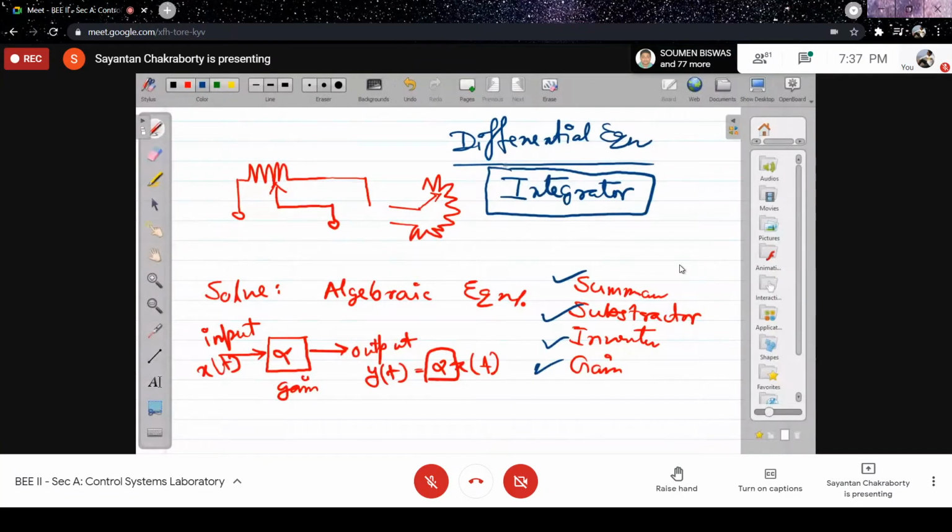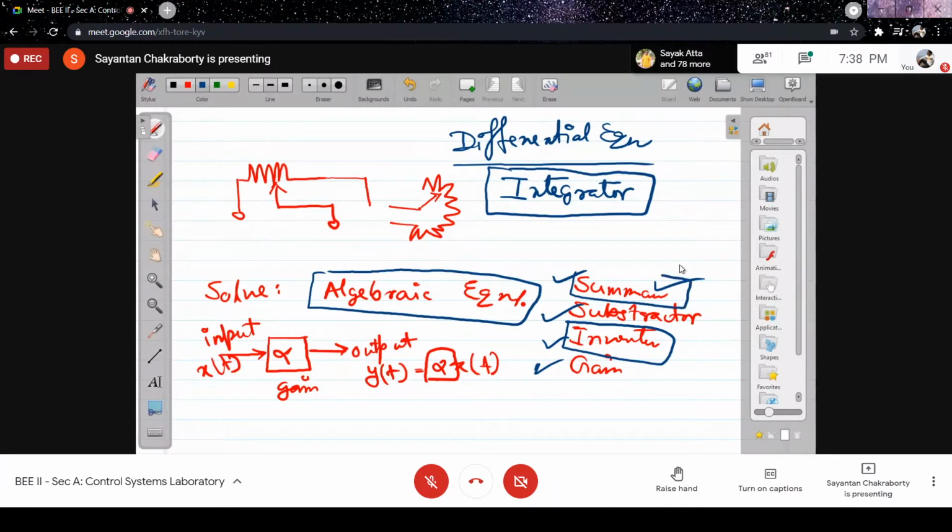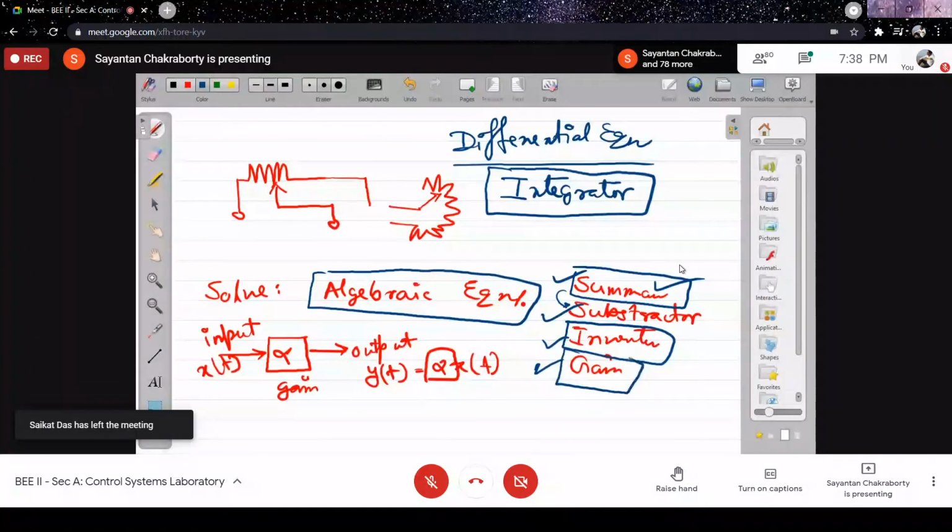But to start with, we will only consider algebraic equations, and for that, we should have a summer. A subtractor can be improvised from the summer by making one of the inputs to the summer inverting through the inverter. So this summer and inverter can be used to obtain the subtractor. There is nothing new in a subtractor, and gain will be there to provide enough weightage to the signal. So let us see how these components are there in the circuit.